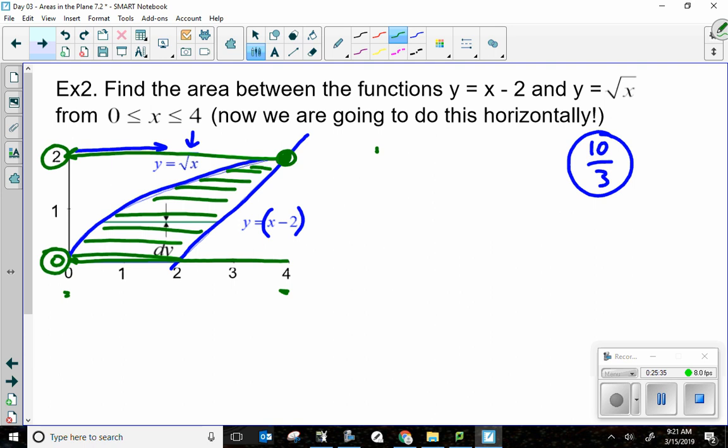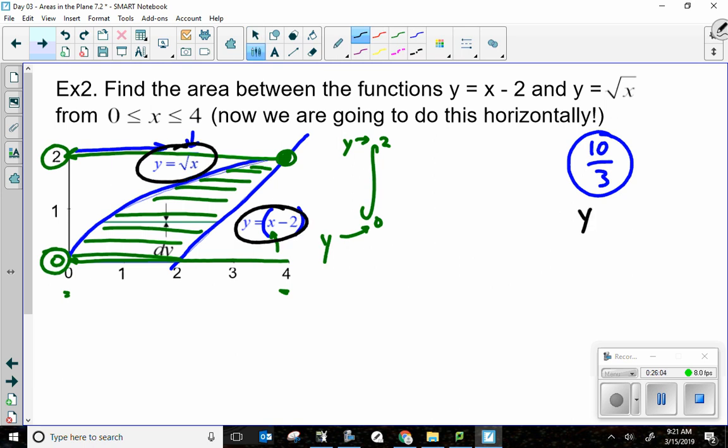So if my bounds are y's, that means my variables in my equations should be y's. So these should be x equals. I'm going to have to convert both of those to x equals. If I have y's in my bounds, I should have y's in my integrand. Okay, they should match. So let's quickly convert these.